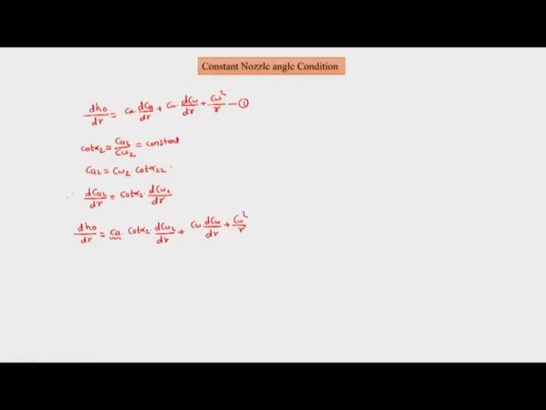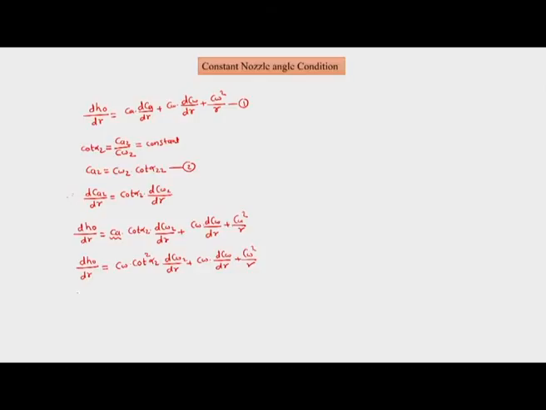But Ca is equal to this from equation 2. So dH0 by dr is equal to Cw into cot square alpha 2 into dCw2 by dr plus Cw into dCw by dr plus Cw square upon r.